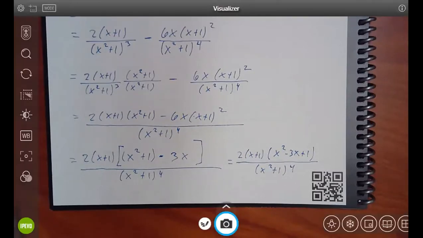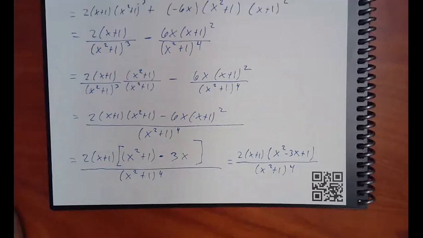So we did quotient, product, chain, and then complicated chain, which is this one. Have the implicit. Let's do the implicit derivative.